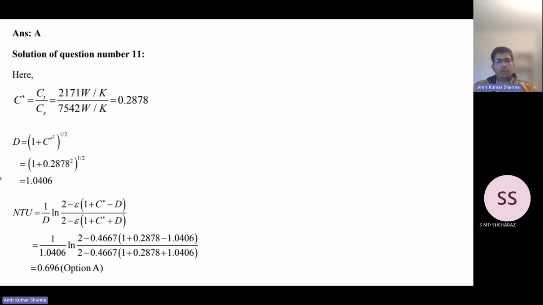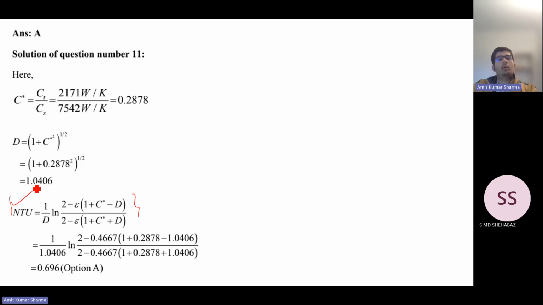So we have given the formula for NTU, that is 1 upon D ln of (2 minus effectiveness epsilon 1 plus C star minus D) upon (2 minus epsilon 1 plus C star plus D).